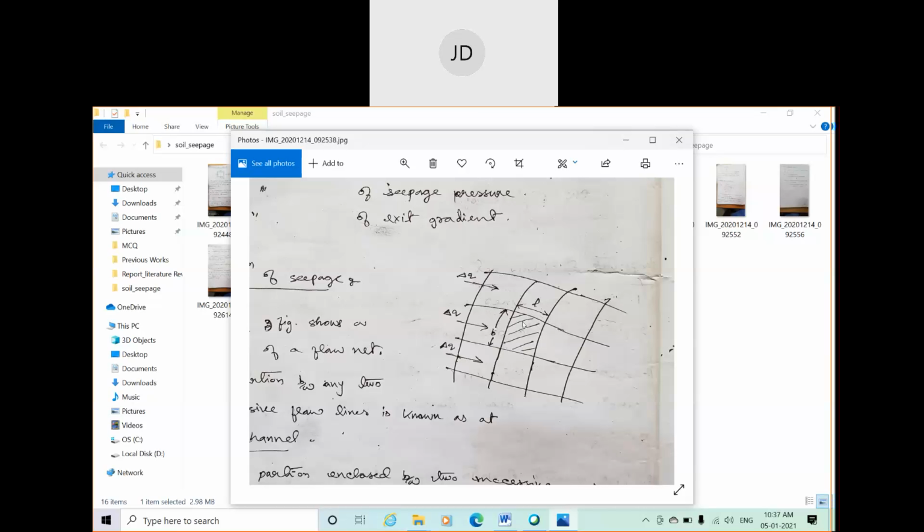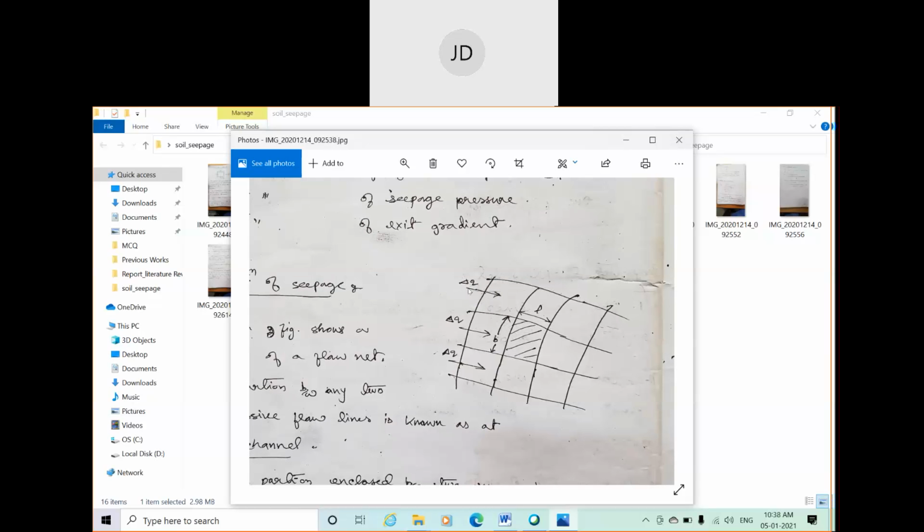The area enclosed between two successive streamlines and two successive equipotential lines is known as a field. The portion enclosed between two successive streamlines is known as a flow channel. In this diagram you can see three flow channels: 1, 2, and 3. Through each flow channel an equal amount of water is flowing, delta Q.